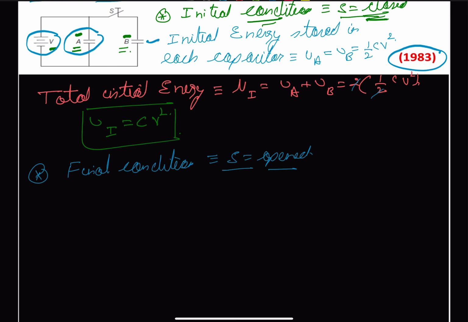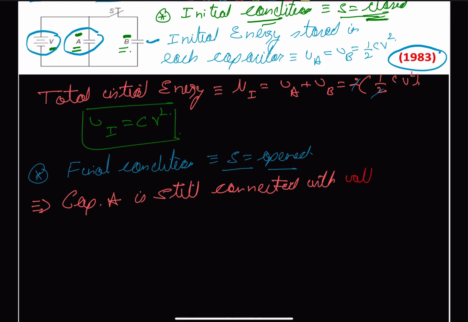So when switch S is opened, from here we can say that capacitor A is still connected with voltage V. And now the final condition is S is opened.